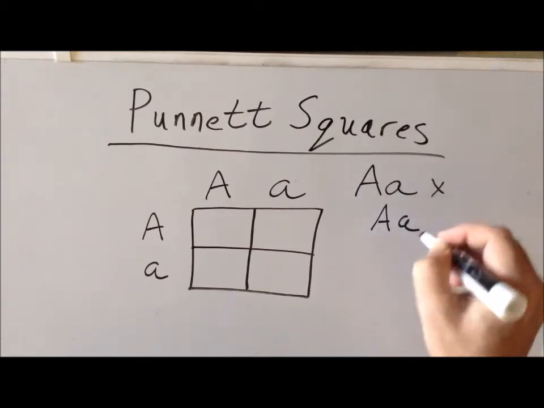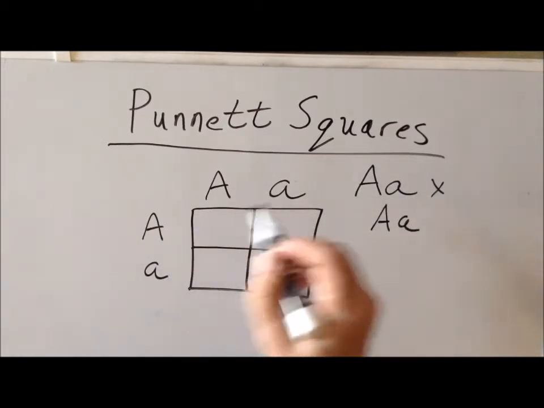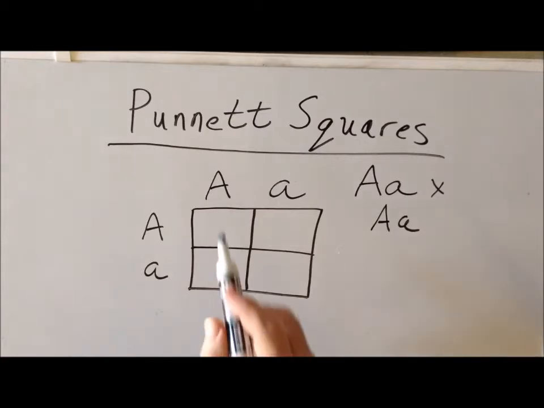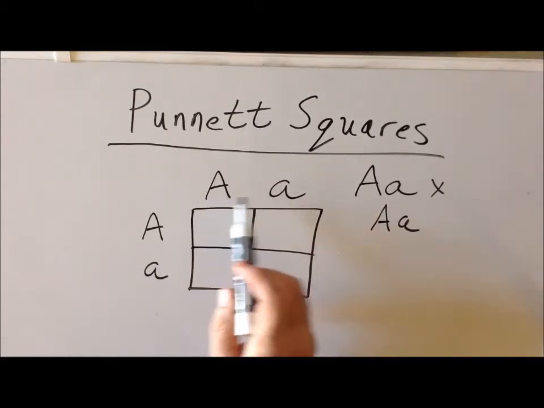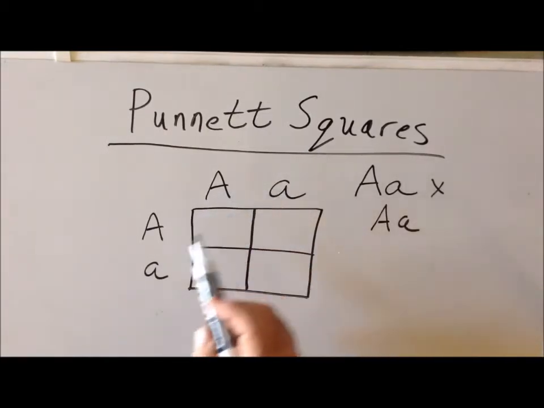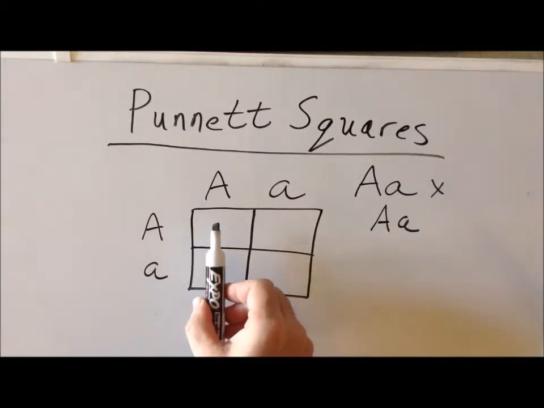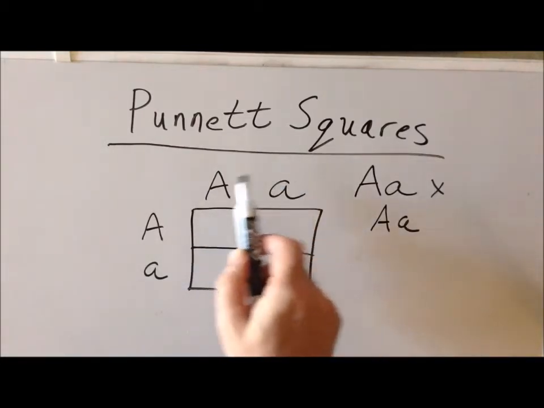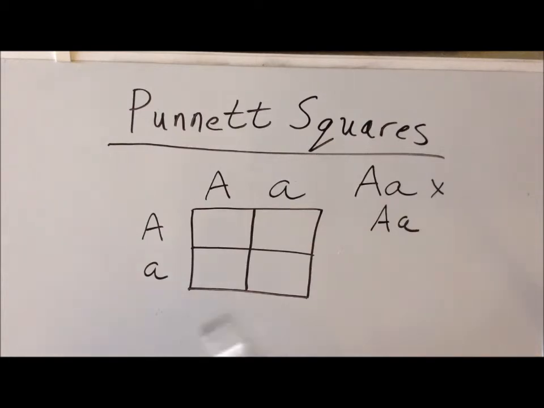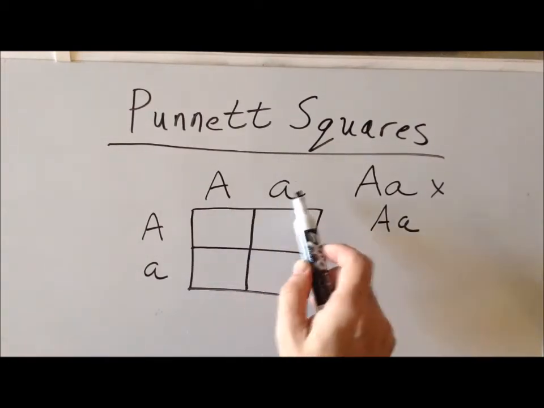Okay? And then we represent it in a square as such. We separate the alleles into individual columns or individual rows, depending upon which parent we have. The key idea here is that the probability of each of the parents sending out a sex cell with a particular allele is exactly 50%.